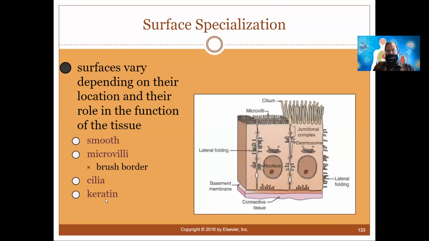Okay, and then the last one, keratin, that's what we see with the epidermis. So when we look at the skin, we'll see keratin as one of the specialized surface cells. It's a form of protein, and keratin is going to be hard. It's kind of like dead skin cells have become keratinized.